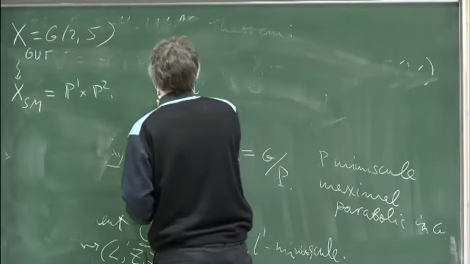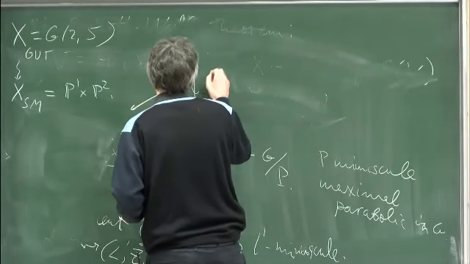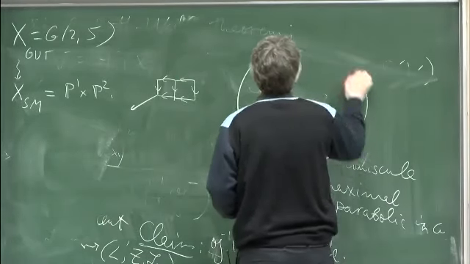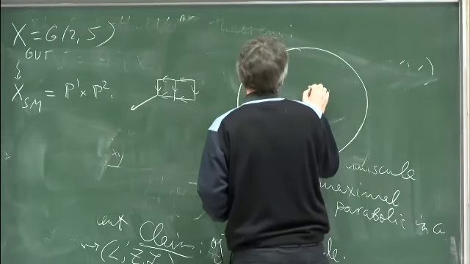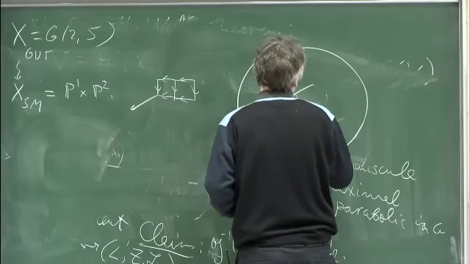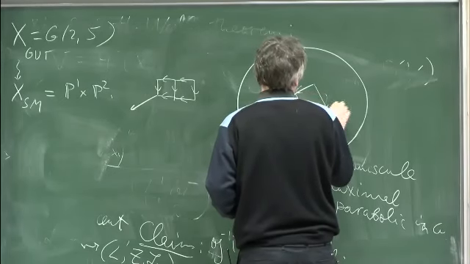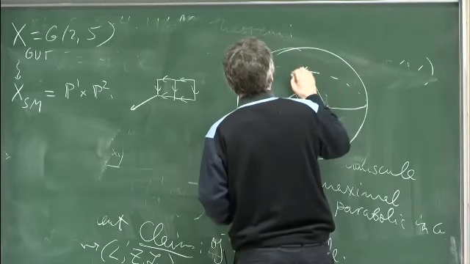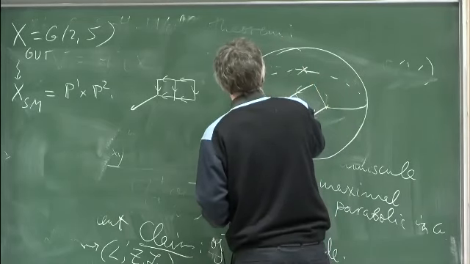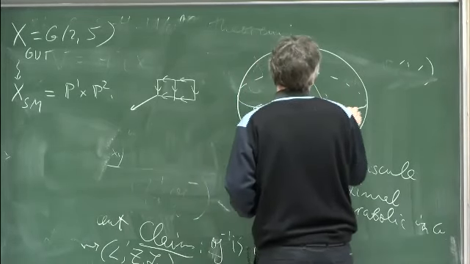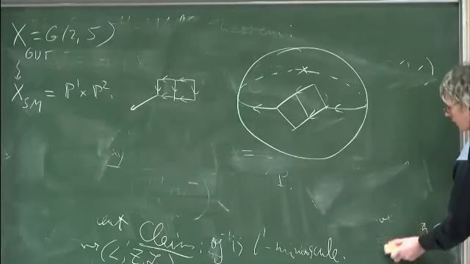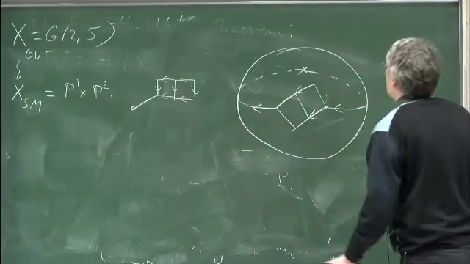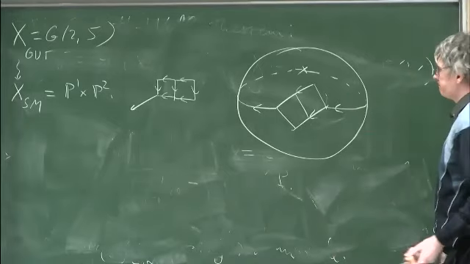So first I add to this diagram an extra... No, first I put it on the sphere. Say in this way. I add an extra vertex on the other side of the equator. And then I take the dual quiver.